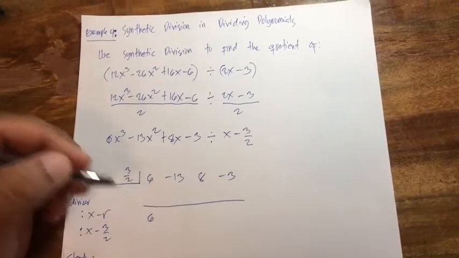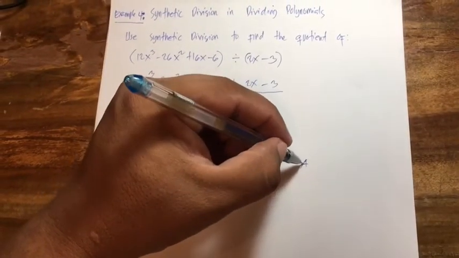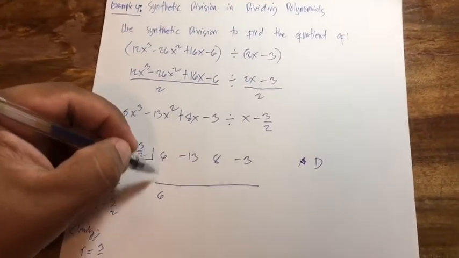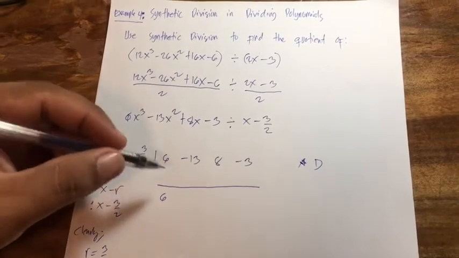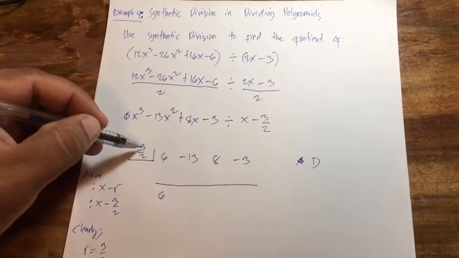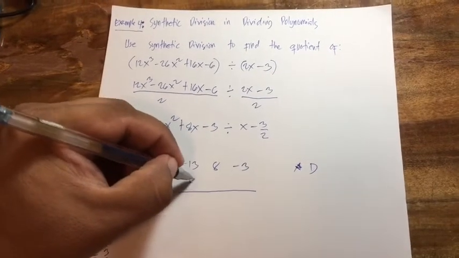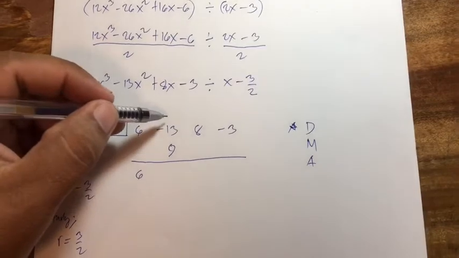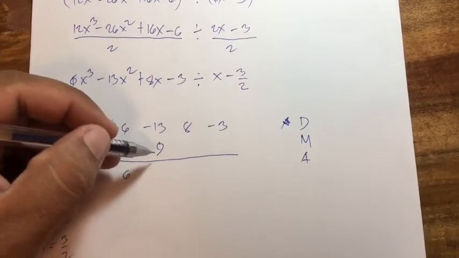Drop 6. So you are able to have here to drop. Okay? We drop 6 times 3 halves. Okay? So 6 times 3 is 18 divided by 2 is 9. Okay? In our second column, we will add negative 13 plus 9.